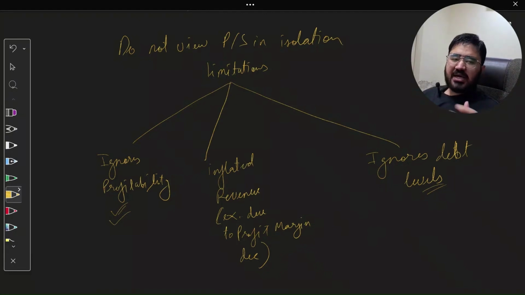However, it is not an actual revenue increase, it is just because of an event that the company has decreased its profit margin. And the last one is, of course, it ignores the debt levels. If the company is generating revenue on a huge debt that it has taken from a bank, then it could be very risky at a time, right?